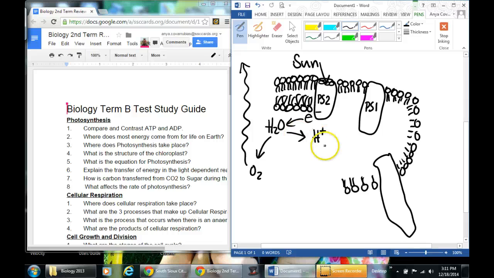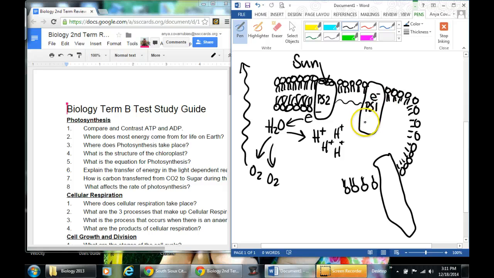So these hydrogen are going to continue to build up here from the breakdown of water. We're going to get more O2 being produced and leaving the thylakoid. And this electron is going to travel over to our second protein here, our photosystem 1.